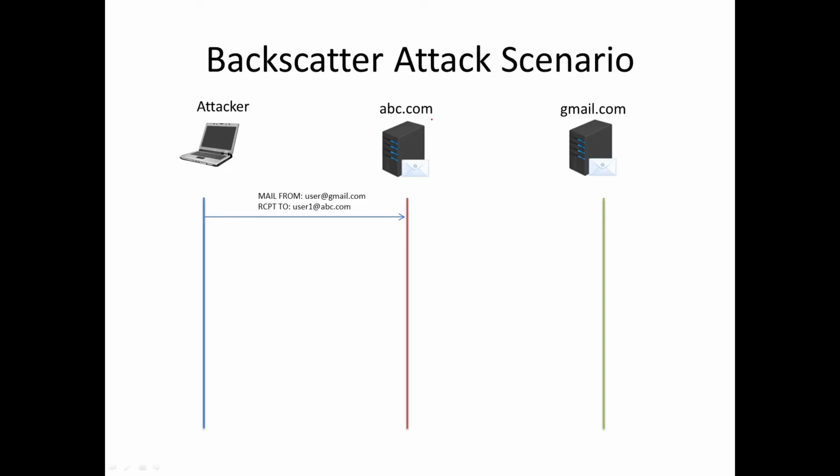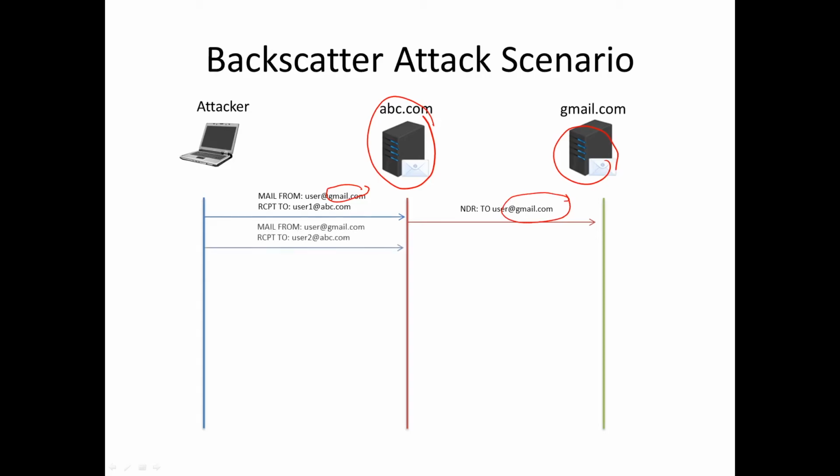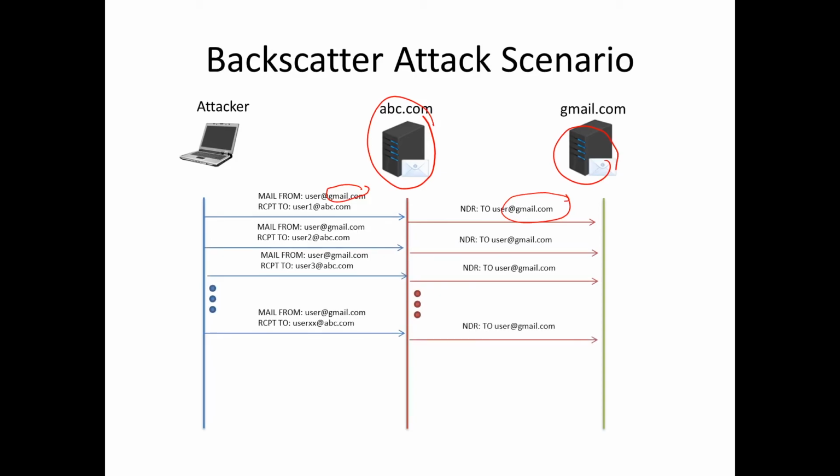Okay, however, for some reason, abc.com needs to send an NDR to the sender. So since the sender is from gmail.com, the NDR will be sent to gmail.com. And of course, Gmail accepted the NDR. But the attacker does it again and again until such time that abc.com has been blocked by gmail.com. So let's say 4XX, just a temporary blocking.